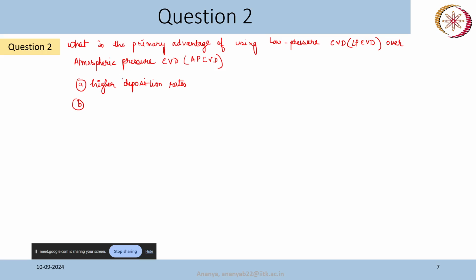Second option is better film uniformity. Third option is lower substrate temperature.